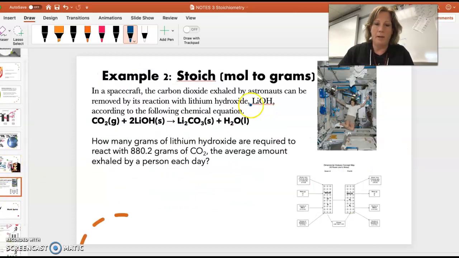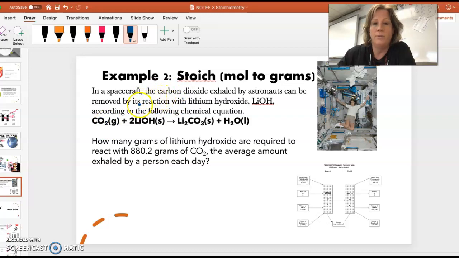Let me show you another problem. This is a problem with a reaction that is done in different spacecraft and in the space station, where we've got a lot of carbon dioxide buildup because of people living in the enclosed area, and there's really nowhere for that carbon dioxide to go.